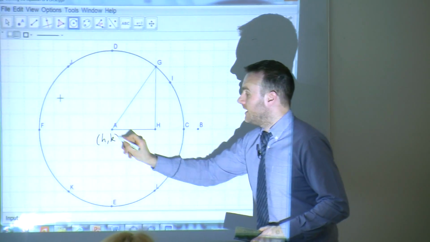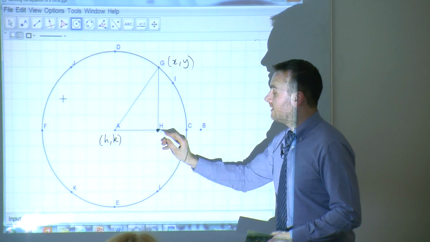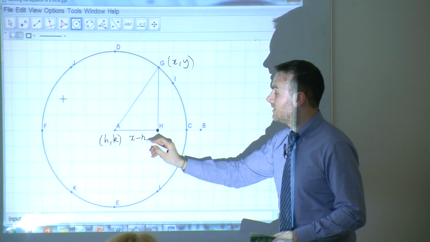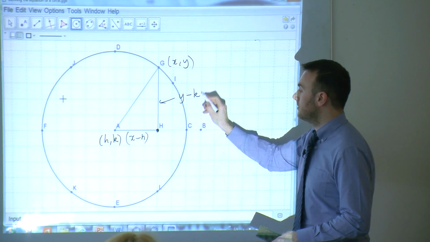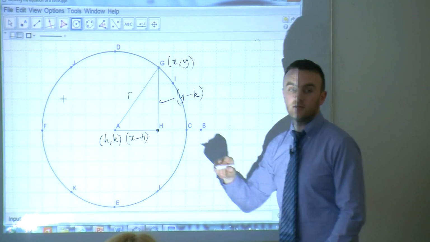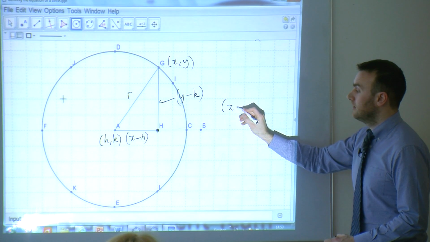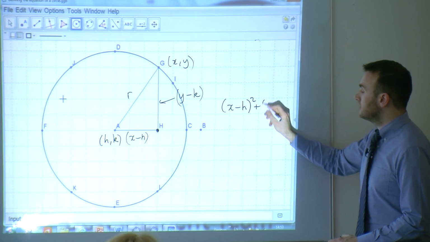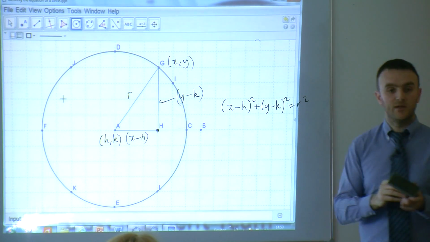So if I call the centre h, k, and this is any point on it, x, y, then this distance similarly must be x minus h. Now I'm rushing this because I know that in class you might have to tease it out a bit more. This is y minus k, and that's called a radius. So if that point x, y is to be on any circle centred h, k, then Pythagoras' theorem must be satisfied. And we get this, the general equation of a circle.